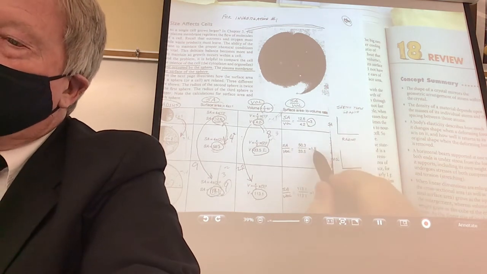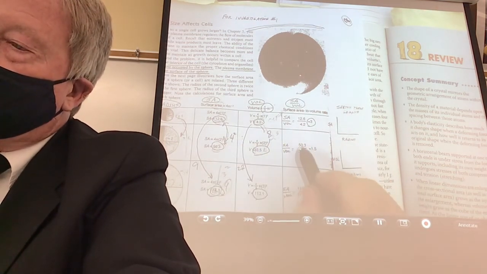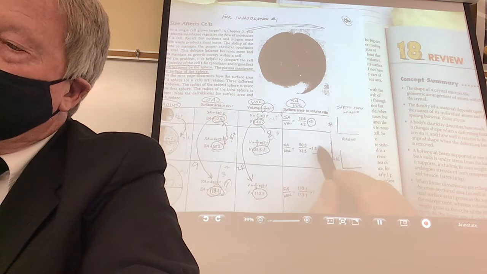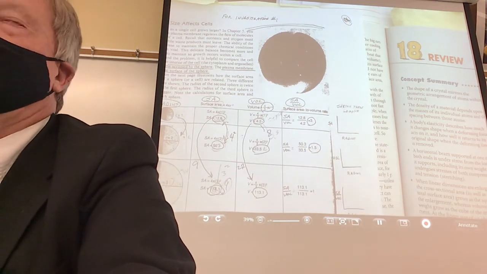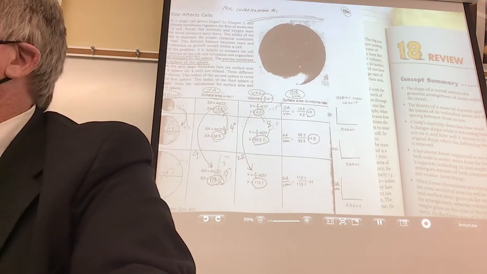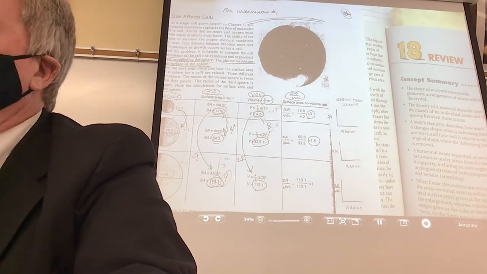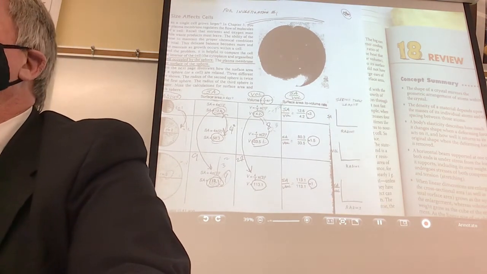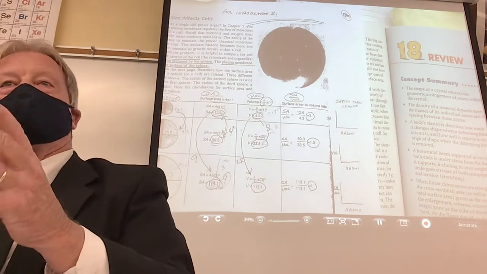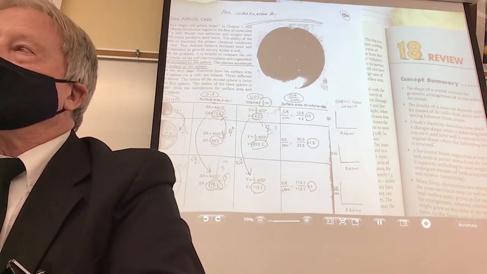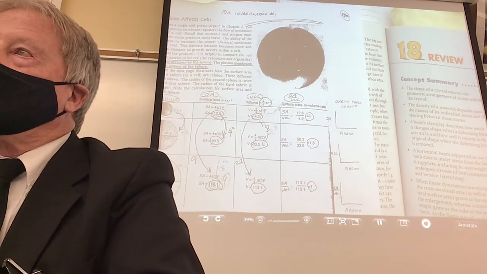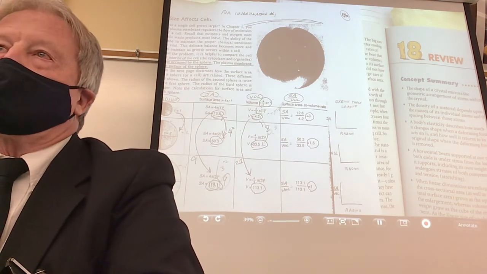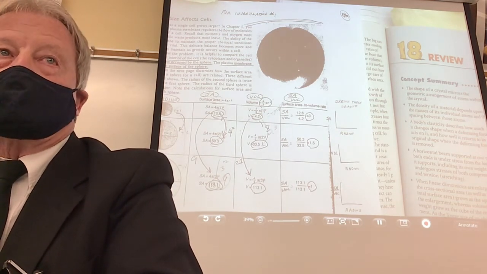What happens when the cell grows? What's the surface area to volume ratio now? Whoa, now it's only 1.5. And now let it grow again, and what happens? So what happens to the surface area to volume ratio when things grow? Does it get bigger or smaller or stay the same? Smaller.